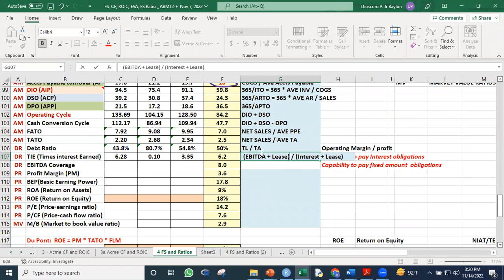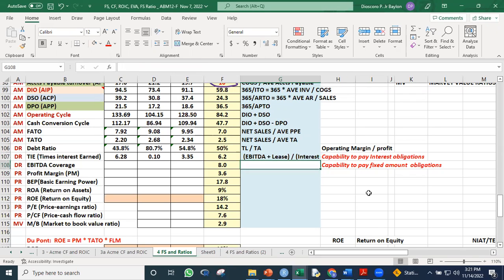Okay, so we have to add back lease. Kasi, diba, yung EBITDA plus the lease, we're trying to measure how much funds we have to pay our fixed amount obligations. Okay, so I hope that that formula is clear. No? EBITDA plus lease divided by interest plus lease. Okay? All right, so that's the formula.